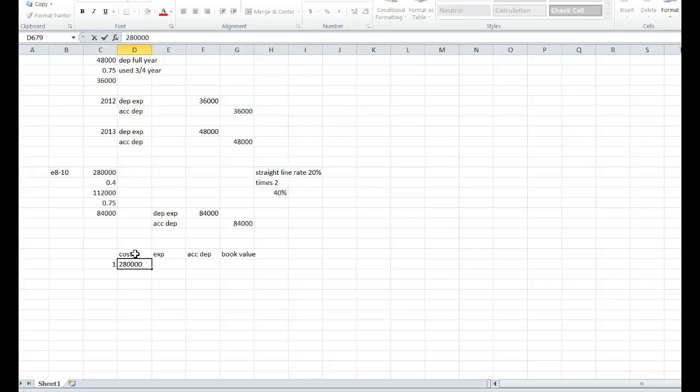We said our expense is 84, and our accumulated depreciation 84. So our net book value at the end of the year is going to be 280 less accumulated depreciation 84, so 196. That's our net book value.